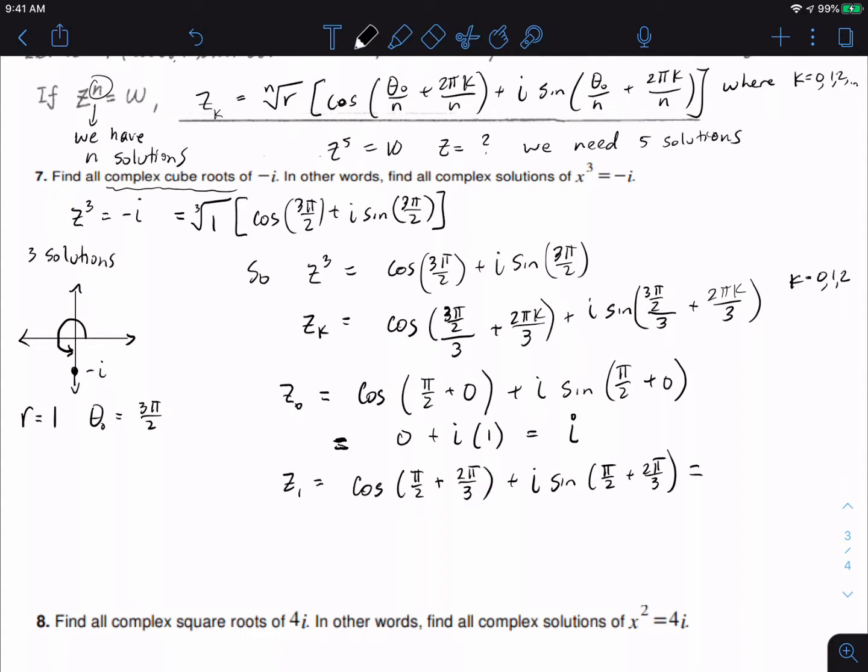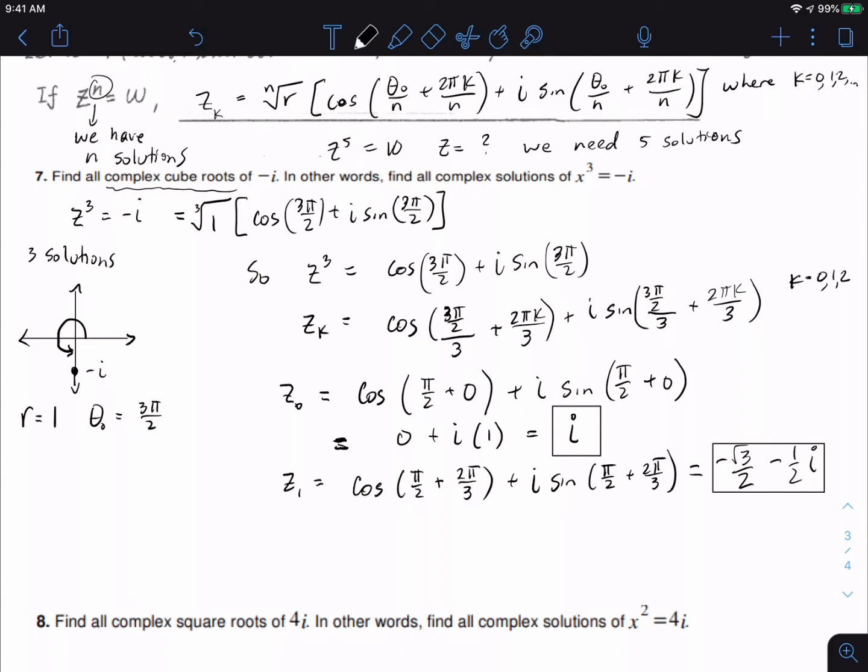So cosine of 5/3 pi is negative root 3 over 2. And then it's going to be minus 1/2 i. So z1, I'll actually make boxes so you guys can have each one of these and see them, is equal to that. Are you guys okay with how I got those values?